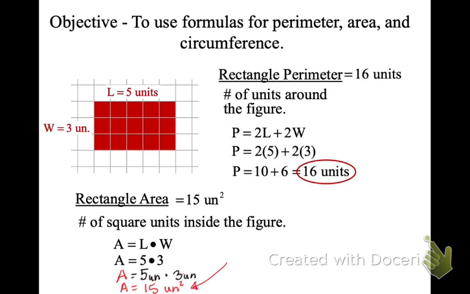So when we have perimeter, it's always units. It's always to the first power. We don't write anything there. When we have area, it's always to the second power. And it doesn't matter what the shape is. Area is always going to be squared units. Perimeter is always going to be just units.